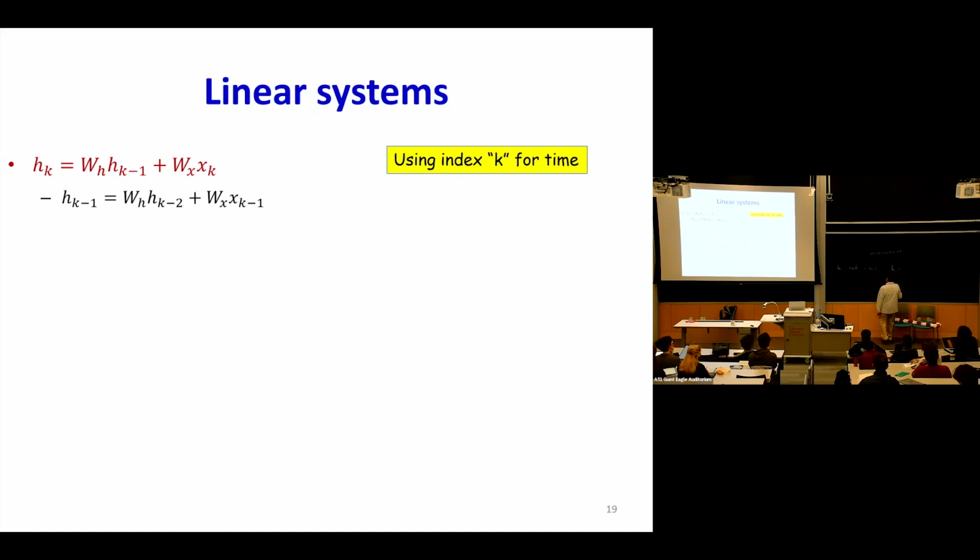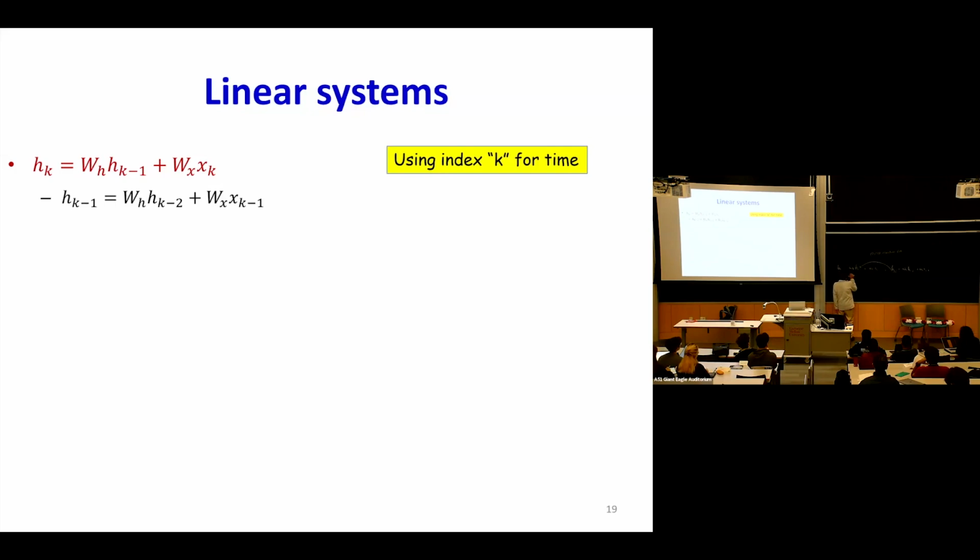Can you speak louder? w_h of h_{t-2}, plus w_x of x_{t-1}. So I can plug this in here, correct? And what will that give me? Wouldn't that be w_h minus 1? Pardon me? Would that be w_h minus 1? No, w_h is the recurrent weight. It's always going to be the same weight, correct? So if I plug this in here, what is this going to be in terms of h_{t-2}?